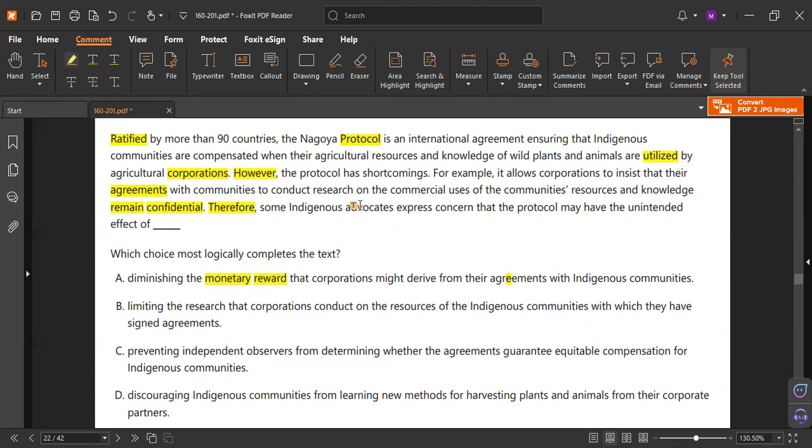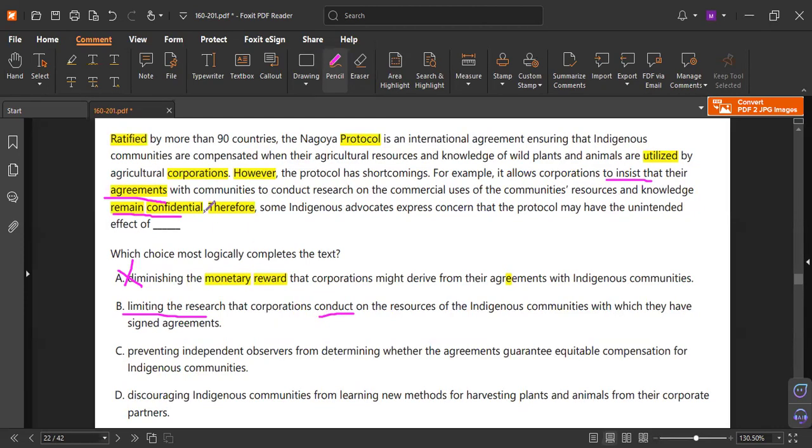He said the agreements must be confidential. So this is not supported in the text, so delete it. Limiting the research that corporations conduct on the resources they have: he didn't mention limiting the research. He said based on this fact, they insist the agreements should be confidential, very secret.